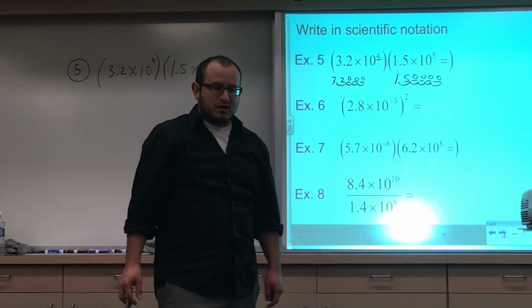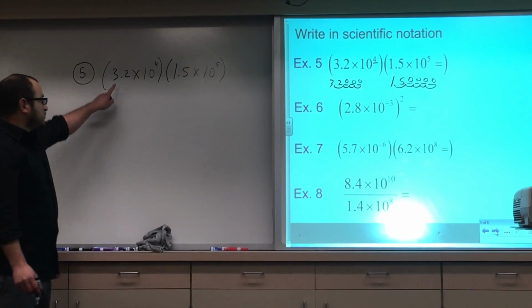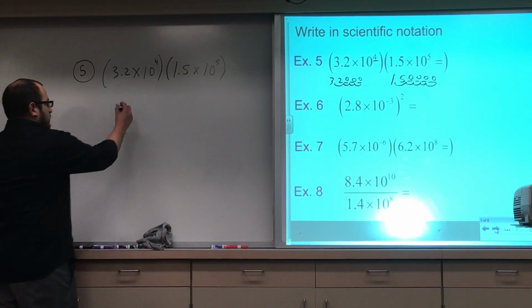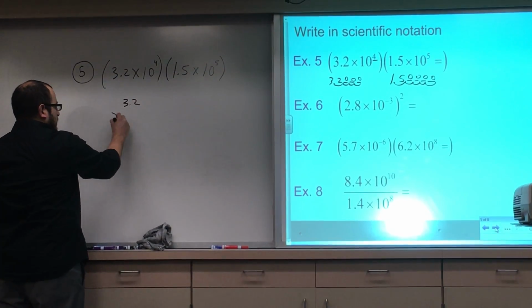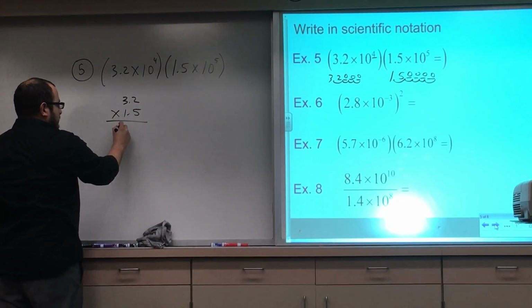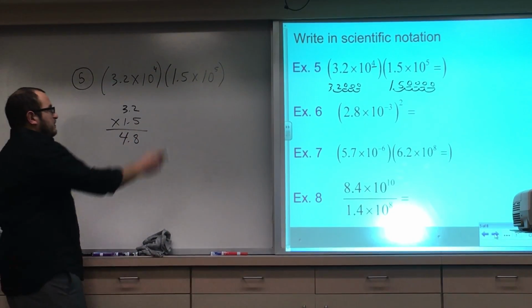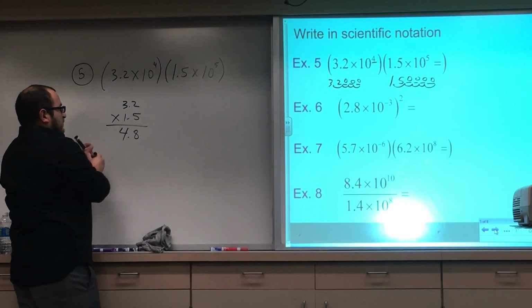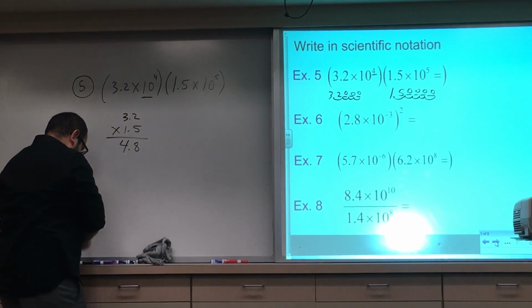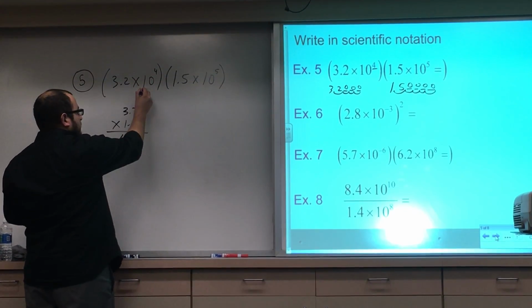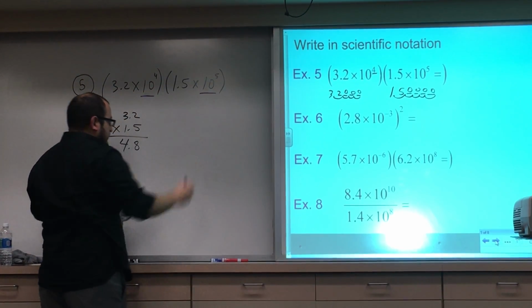I'm going to show you a shortcut. You could multiply the numbers together, 3.2 times 1.5 will give you 4.8, okay? And then, if you look here, we have same bases. We have 10 to the 4th, 10 to the 5th.